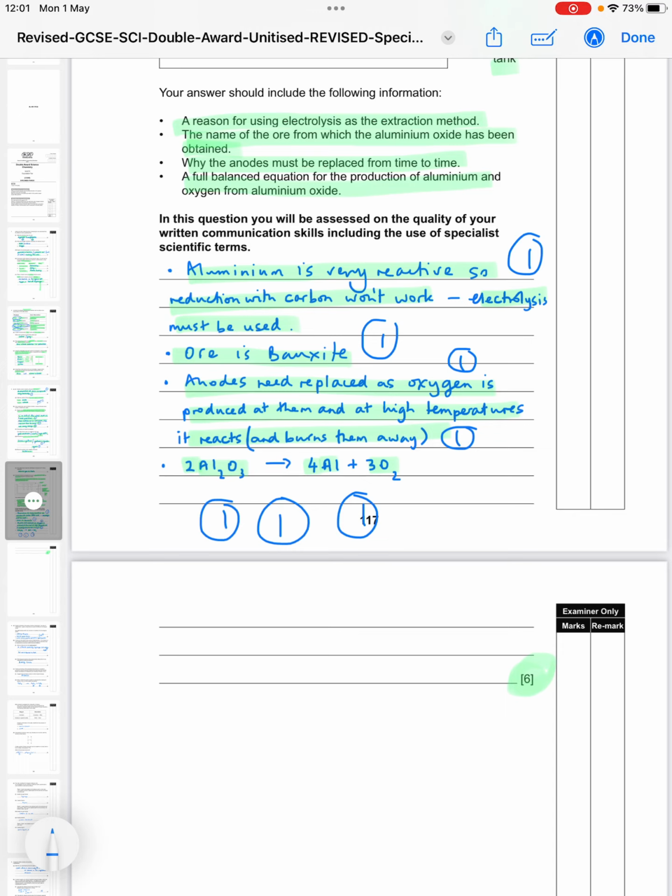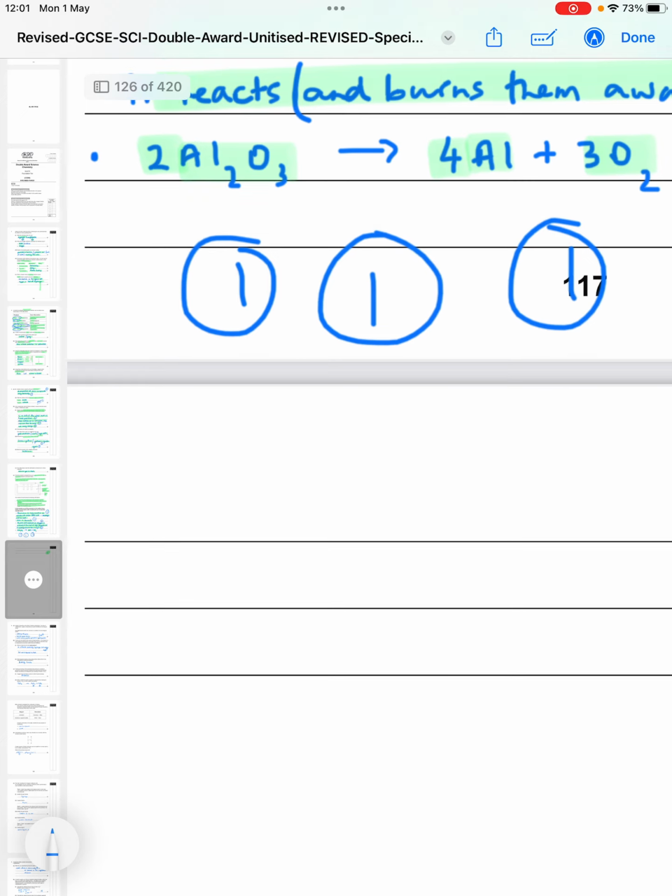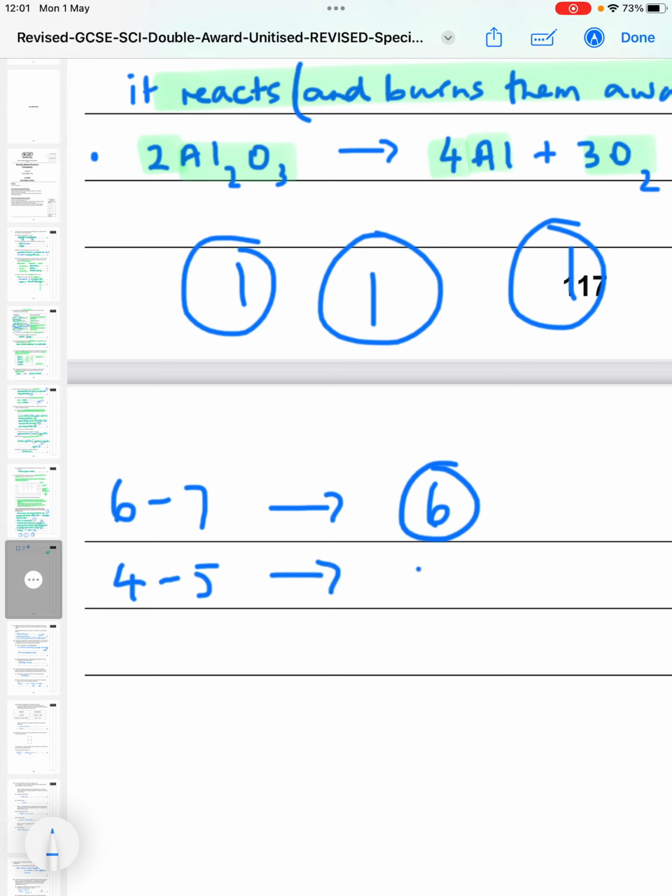So I'm going to have 1 for each side here and 1 for balancing. So 1, 2, 3, 4, 5, 6, 7 as a total. So I'm going to assume here that if you had 6 to 7 indicative points, that would give you 6 marks. If you had 4 to 5, that would put you in the 4 mark bracket, and if you had 2 or 3 marks, that would put you in the 2 mark bracket.